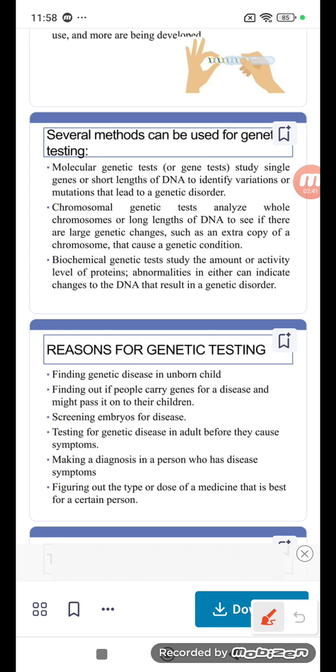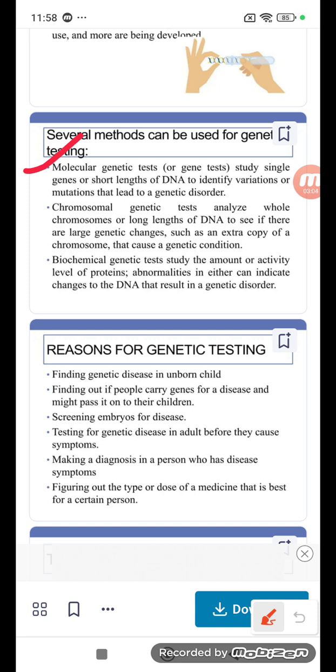Everything is identified, any characters in the DNA, any characters in the gene. Any mutations that occurred, and which type of diseases and disorders occurred, every character is determined. That is the molecular gene test. So only genes and DNA structure are identified by the molecular genetic test.